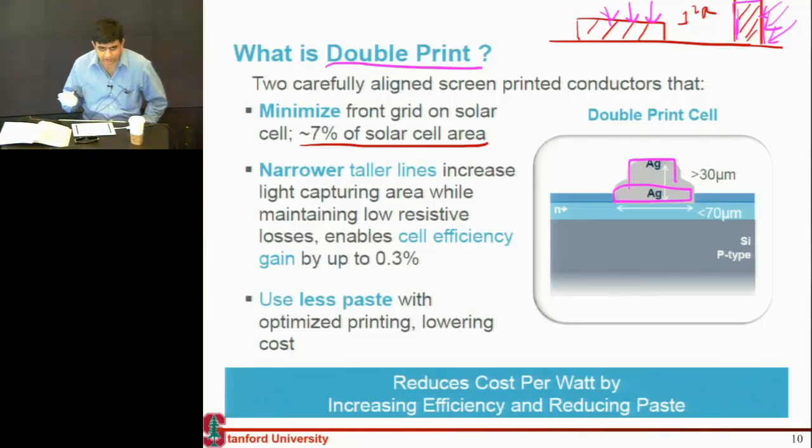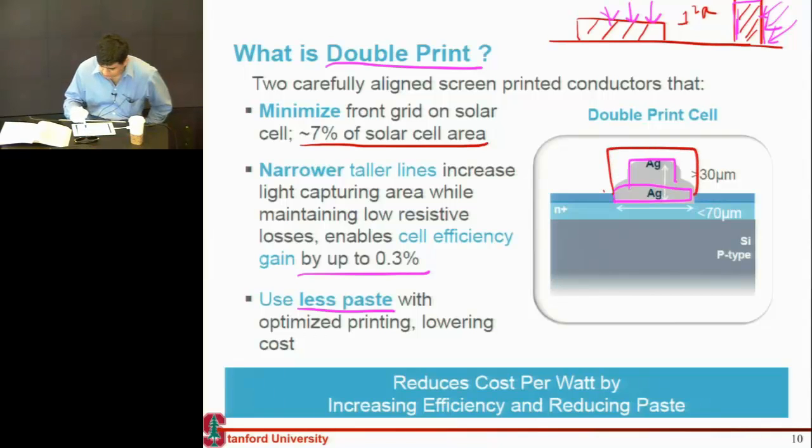So instead of printing once, you print twice, and this gives you a small, again a baby step, increase in the efficiency as well. And it uses less paste, because instead of making this whole thing like a rectangle, you're now replacing it by these two prints which occupy less volume. Some manufacturers have already started implementing it, but this is something that is going to happen.